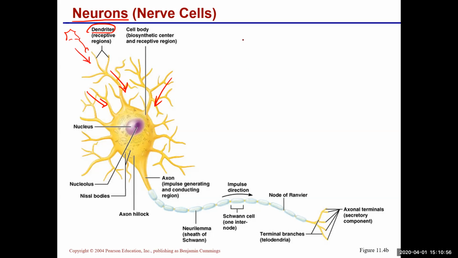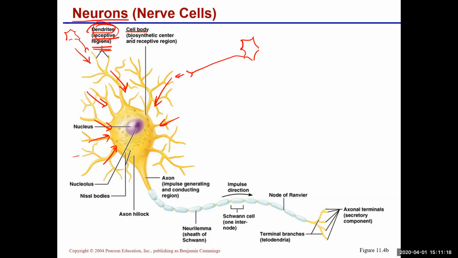Or there could be another nerve right over here, and again, the signal can be received from here. So all of these are different signals that can be received. These are collectively known as dendrites, the receptive region.